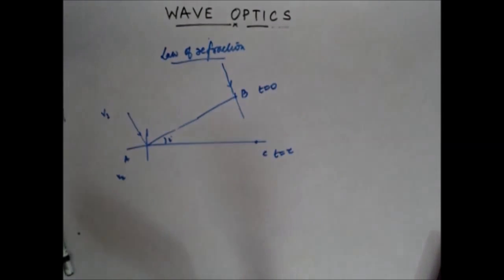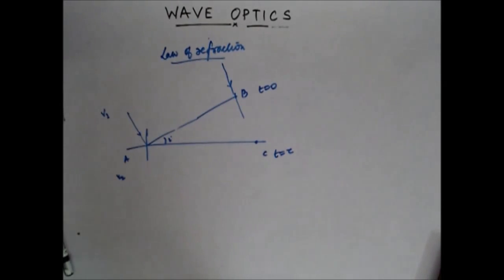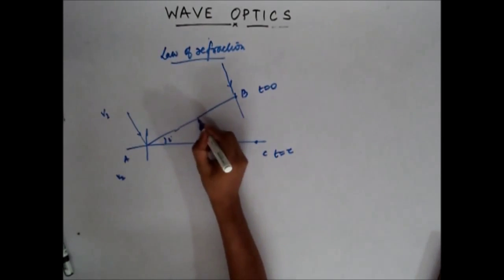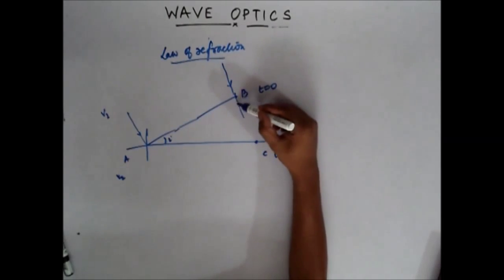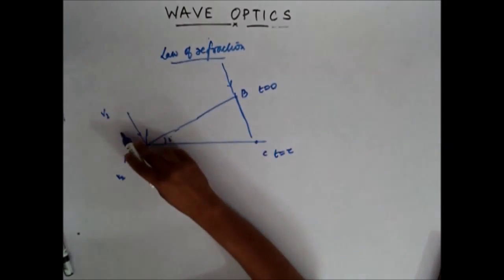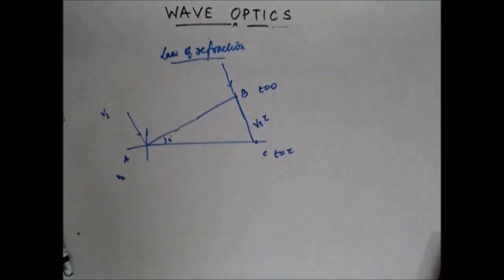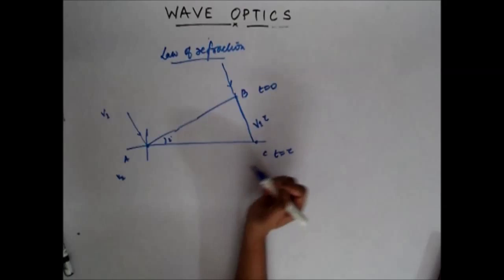Now, as I said, all the points on a wavefront are sources of secondary waves. So this point, this point, this point, all are sources of secondary waves. At time t equal to tau, if the speed is v1 in this medium, this distance is v1 tau. Now let's see what distance the wave emerging from this point has traveled in that time tau.